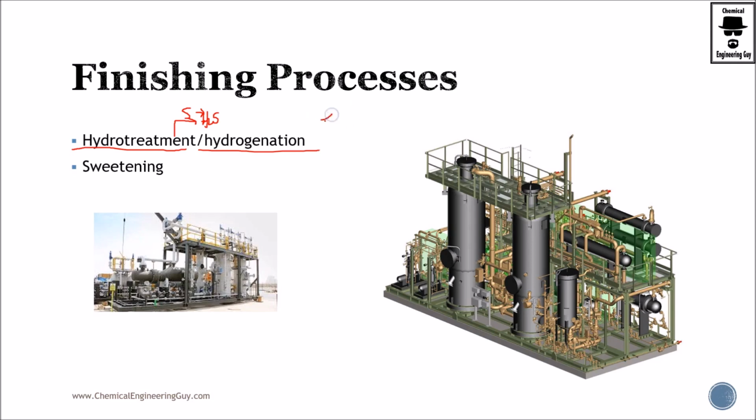For instance, acetylene will be converted to ethylene because ethylene can be converted later on into a polymer known as polyethylene. Sweetening, what's this? Essentially converting sour materials into sweet materials, most likely natural gas and other gases, liquefied petroleum gases, and so on.